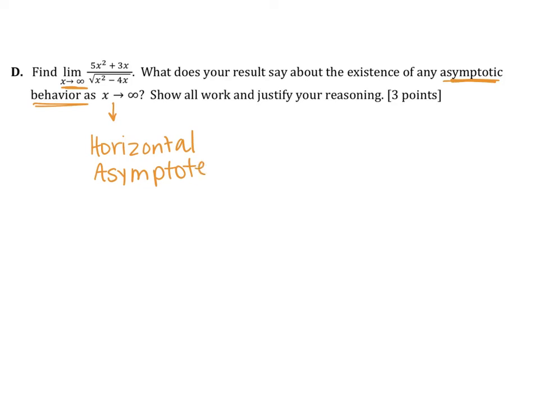So what we need to do here is pull this down and just look at our power struggle from that. So in the numerator, I have 5x squared. In the denominator, I have the square root of x squared. And again, that's going to be 5x squared over the absolute value of x. And so notice that that power struggle is really going to be maintained in the numerator.